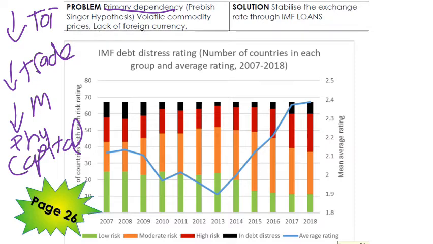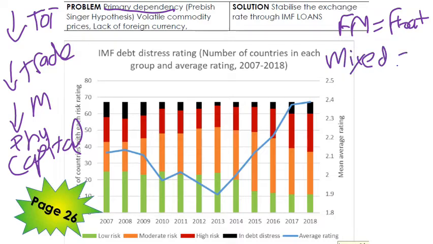So the potential solution, and this is partly free market but also partly interventionist, is that you manage or fix the exchange rate. So the free market approach would be a floating exchange rate. A slightly more interventionist approach, let's say like a mixed economy approach, would be to manage your exchange rate.